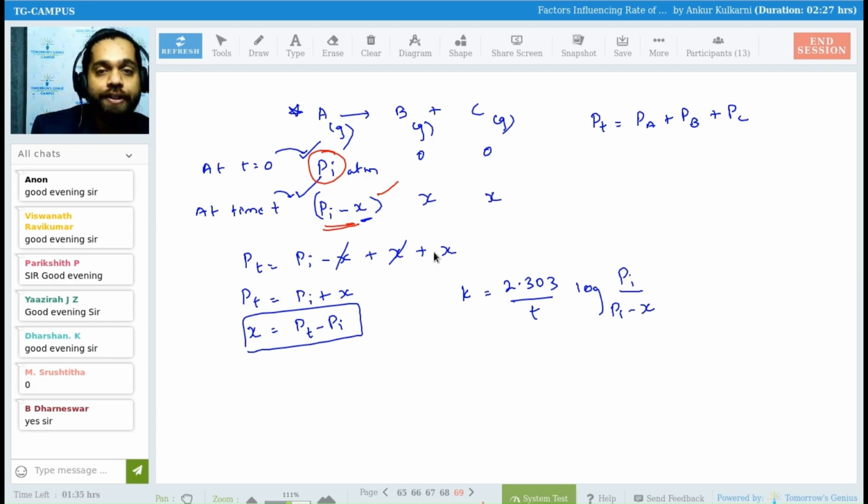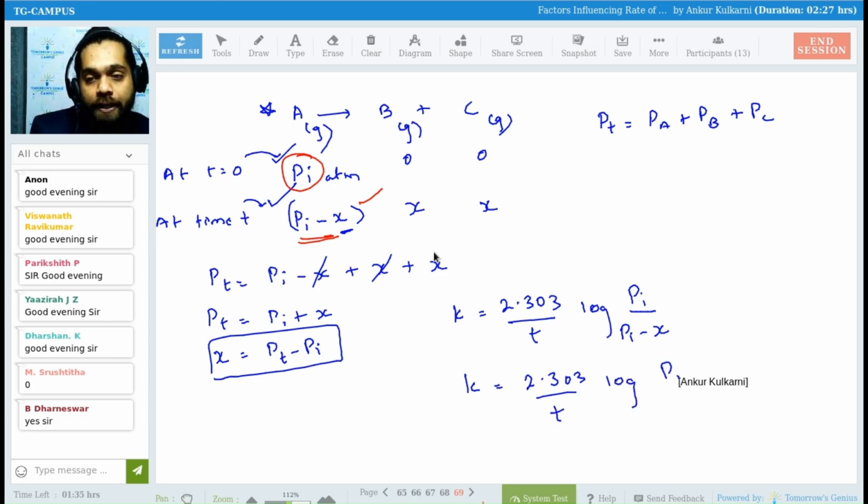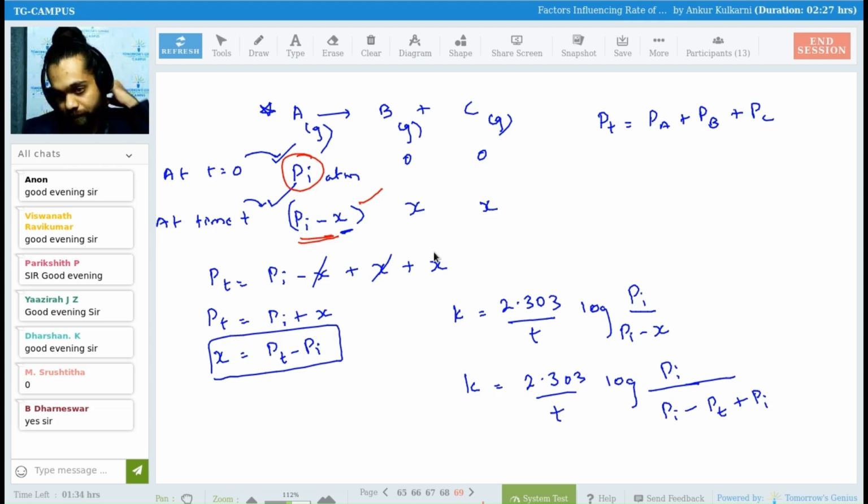Okay. Now we have the value of x. Substitute the value of x, everyone. K is equal to 2.303 over t log of Pi over Pi minus x, where x is Pt minus Pi, so minus Pi will become plus Pi.